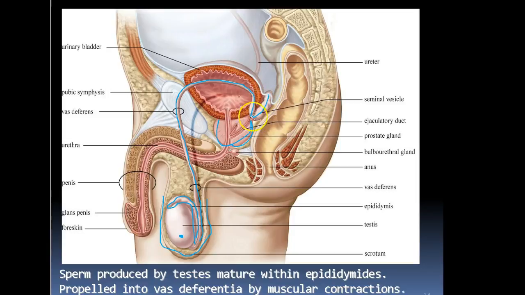The seminal vesicle and the vas deferens join to create what's called the ejaculatory duct. You'll see that out here. Because it's a concomitant organ, remember the guys also urinate out of the same pathway as they ejaculate, so we'll need to shut this off.